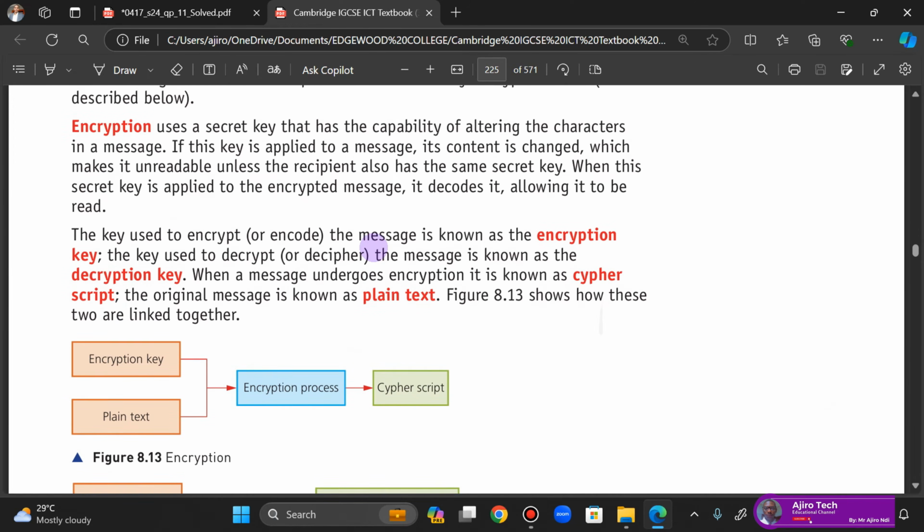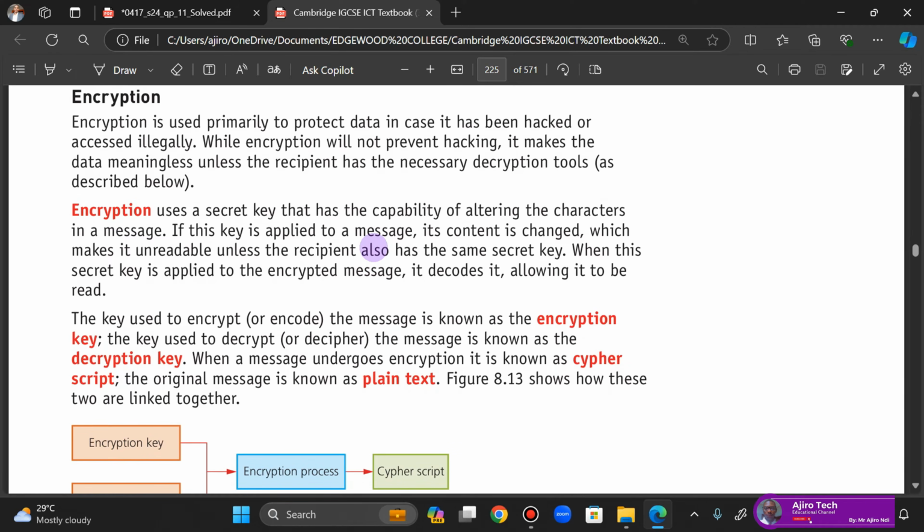A secret key that has the capability of altering the characters in a message. Please, this is very important. So it's seen as scrambling. All right, so let's move on.